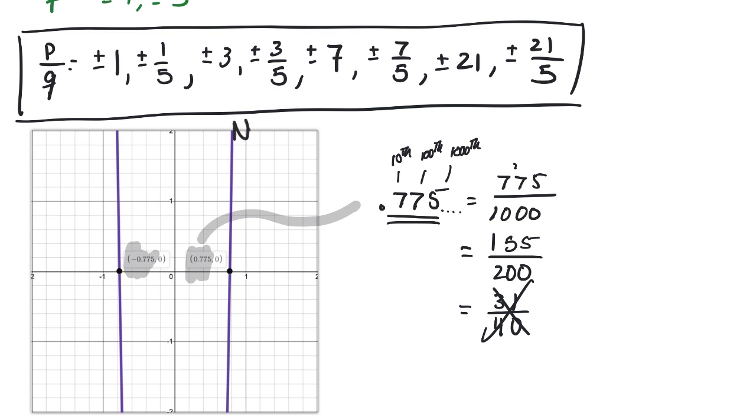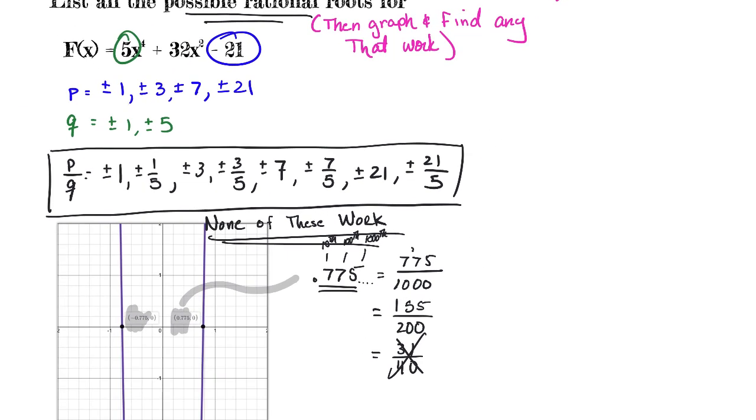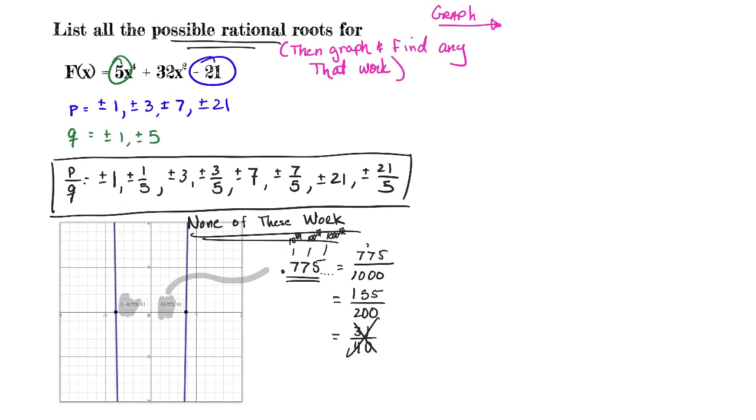So we can just put none of these work. That's kind of disappointing. We'd like to find some of them, but it just means this equation has no rational solutions, therefore we're going to have to hunt them down with some other methods. We aren't going to worry about those methods yet today.